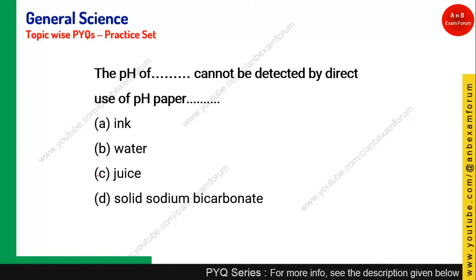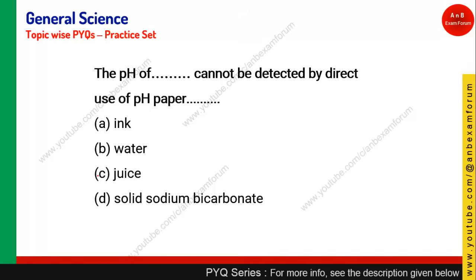This is a very interesting question and the final question for today's set. The pH of dash cannot be detected by direct use of pH paper. These are the 4 options. You know that sodium bicarbonate is a base, juice is acid, water is neutral, and ink is a solution.